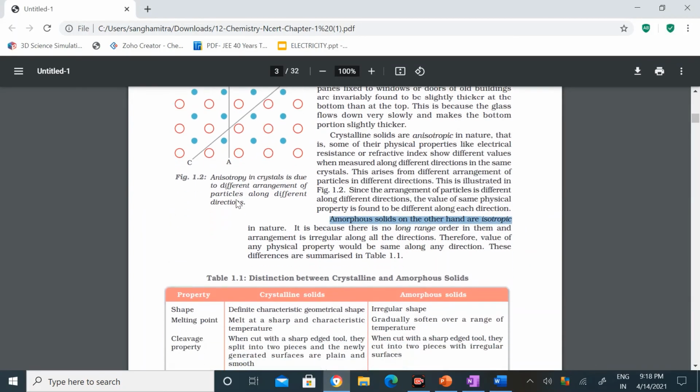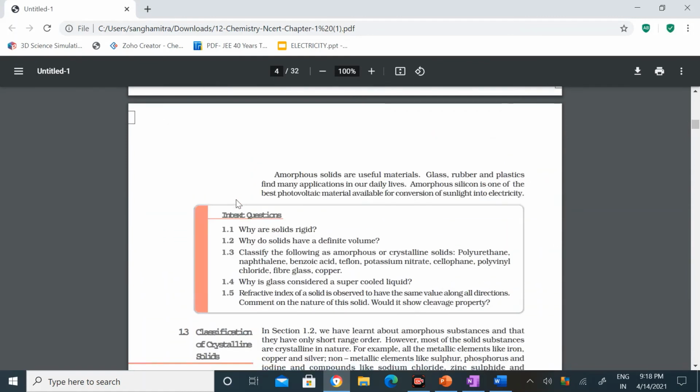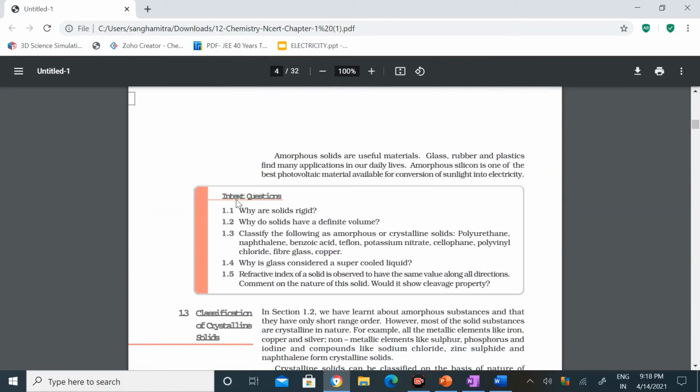Now come down to the next topic, that is our in-text questions. I will discuss each and every question, whether it is in-text, an example, or the NCERT questions. So why are solids rigid? In the first class, I discussed that a solid has a fixed volume and fixed shape. Why? Due to strong intermolecular forces of interaction.